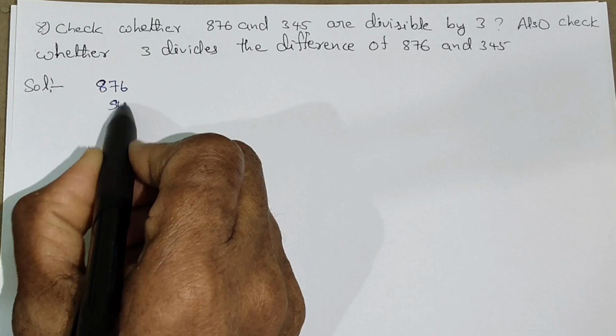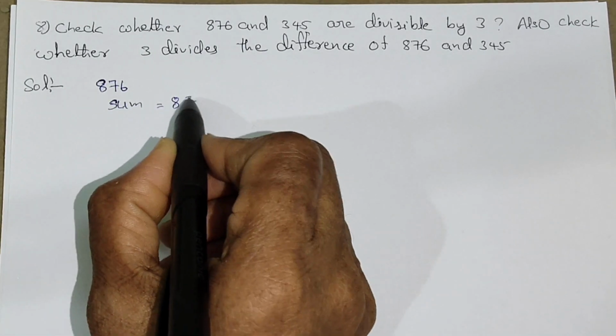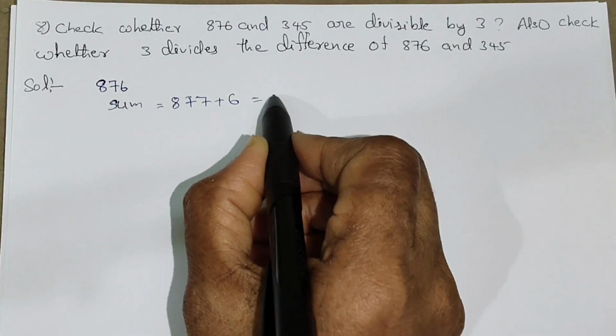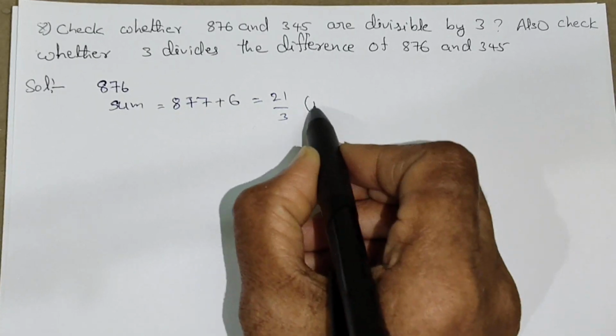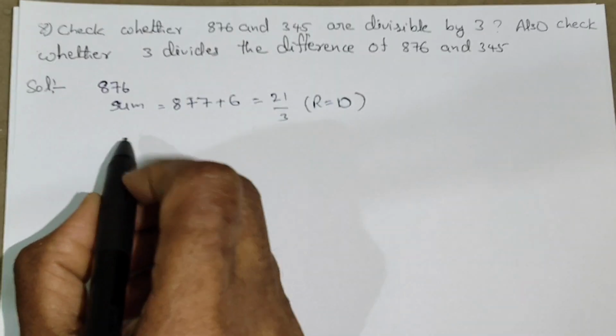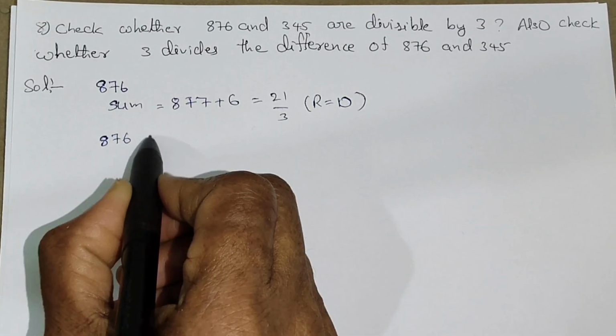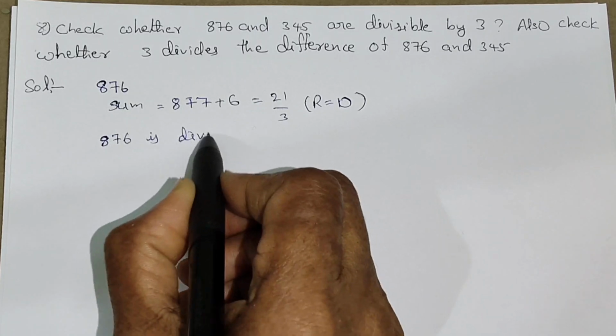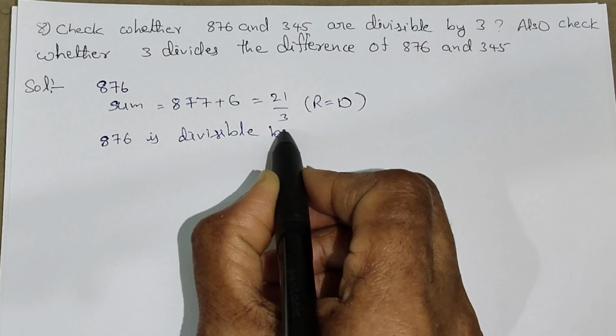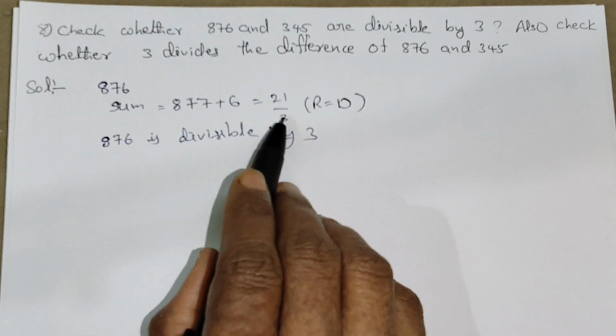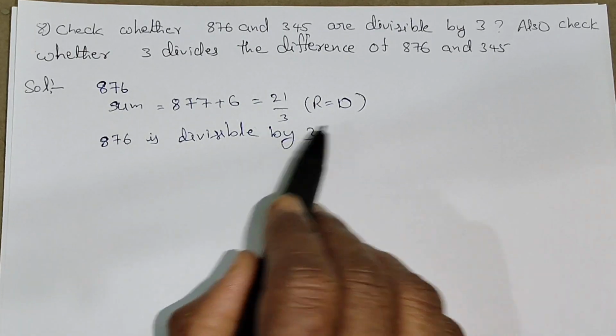The sum equals 8 plus 7 plus 6, that is 21, which is divisible by 3. The remainder equals 0. So 876 is divisible by 3, because this sum is divisible by 3.